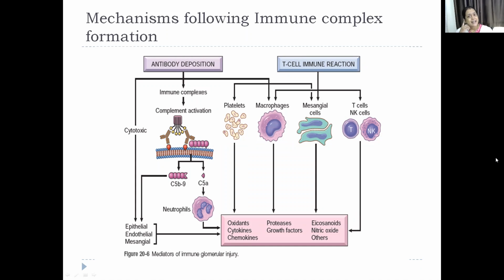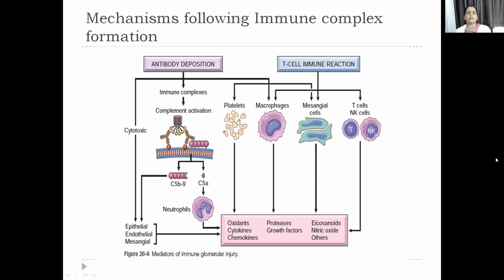The third one is activation of the alternate complement pathway. Usually the alternate complement pathway is activated in dense deposit disease, which will be discussed in detail when we talk about dense deposit disease. Just remember that the immune mechanisms related to glomerular injury are antibody mediated, cell mediated, and alternate complement pathway. In the antibody mediated, it may be in situ or circulating, right? So just remember that.